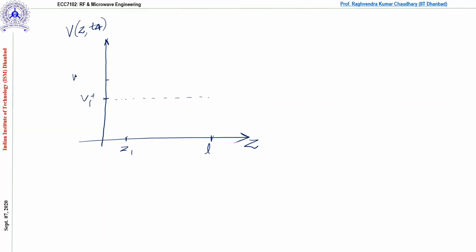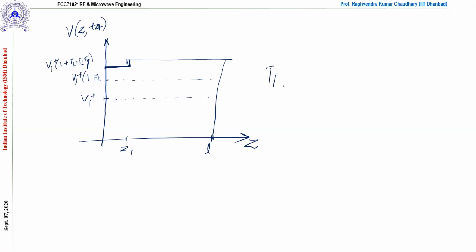Again, it will attain a value V1 plus times 1 plus gamma L. Fine. Then what will happen? Then it will attain a different magnitude, which is V1 plus after it gets reflected from the source, 1 plus gamma L, gamma G. It keeps going on, fine. So at this time here, this will be the step, and finally you can make it like this, fine.